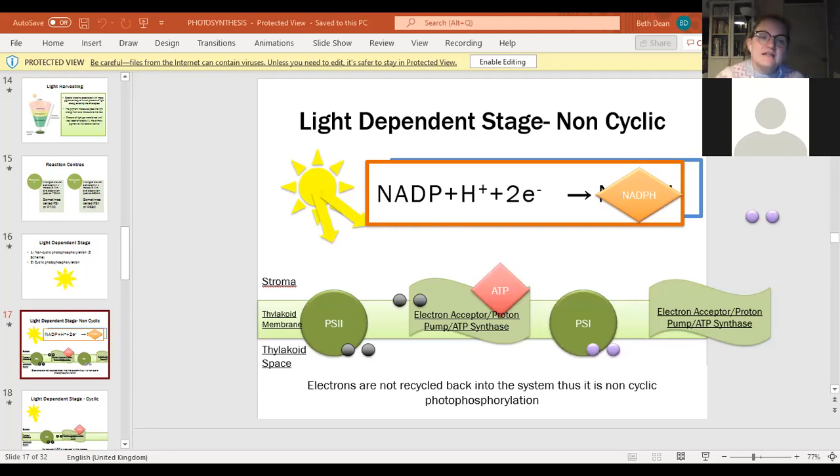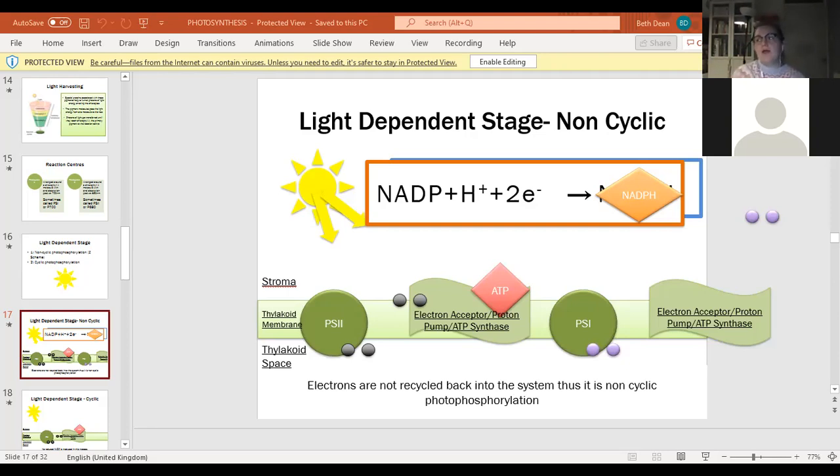So for the light-dependent reaction, we're not going to do this now. We're going to have a quick look at the light-independent stage, sometimes called the Calvin cycle. It takes place in the stroma of the chloroplast.